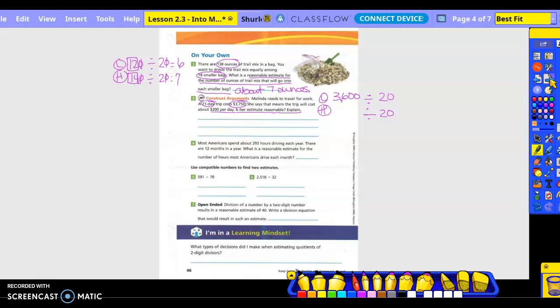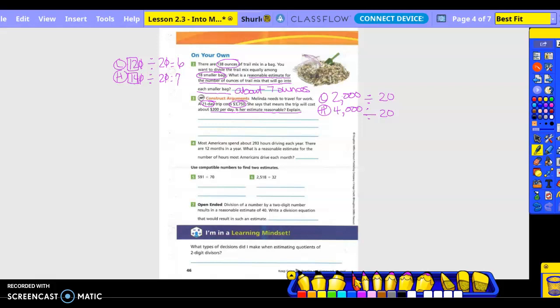Okay, so technically we could have just looked at the 3, right? And we could have gone with 2,000 or 4,000, right? So let's go ahead and go that way, okay? If we wanted to be a little bit more precise, could we do what we just did though? Yes. Okay. So 2,000, what's a little bit high? 4,000.